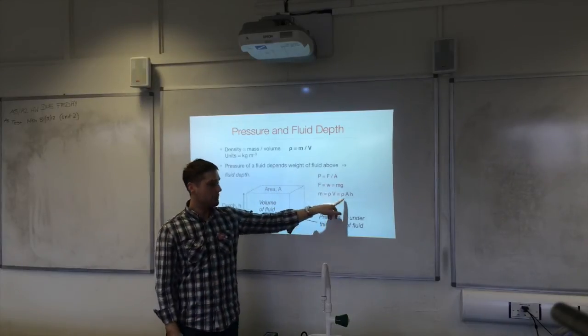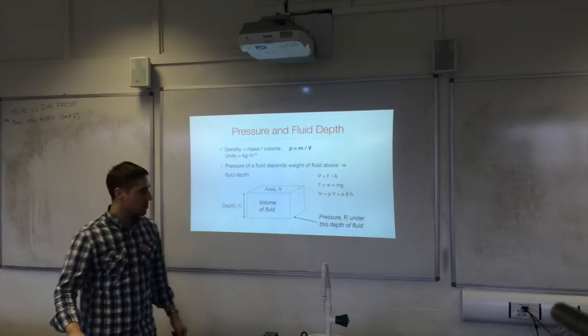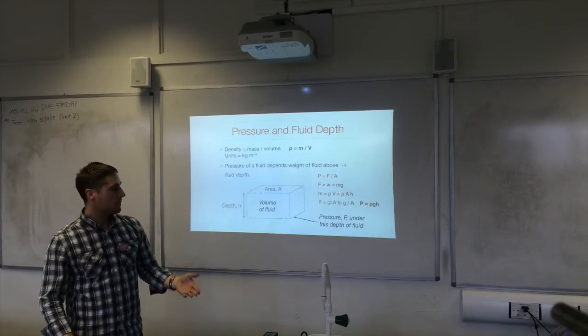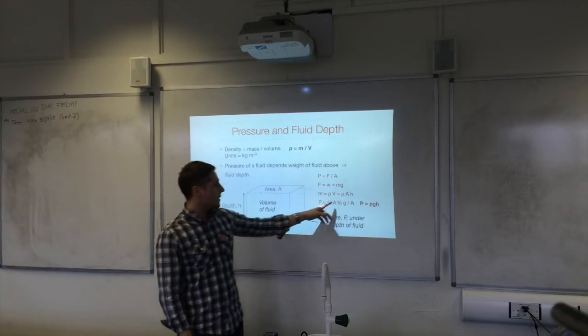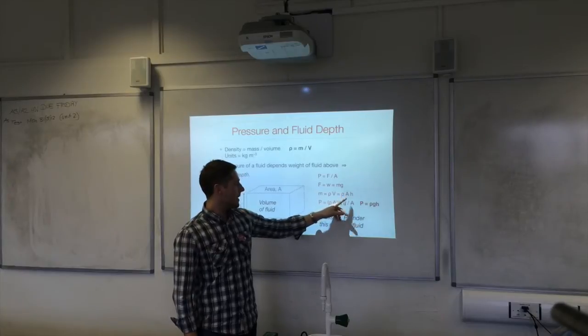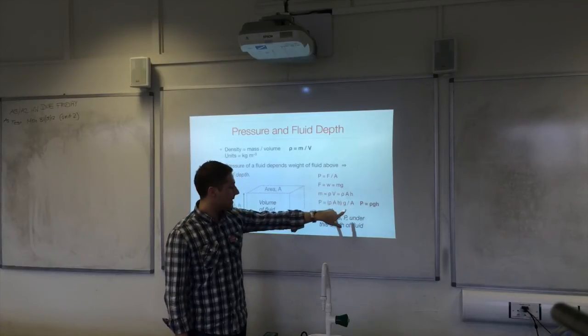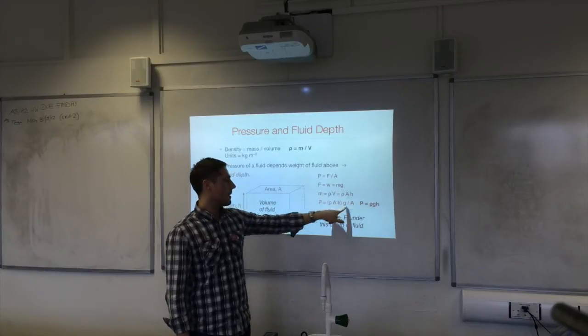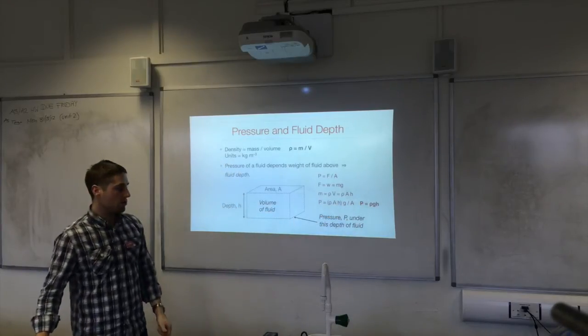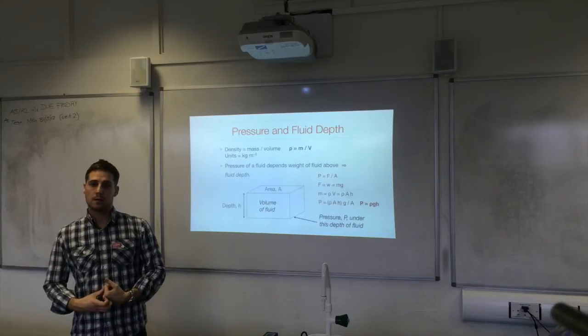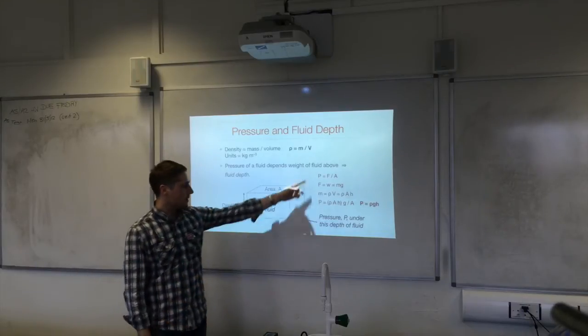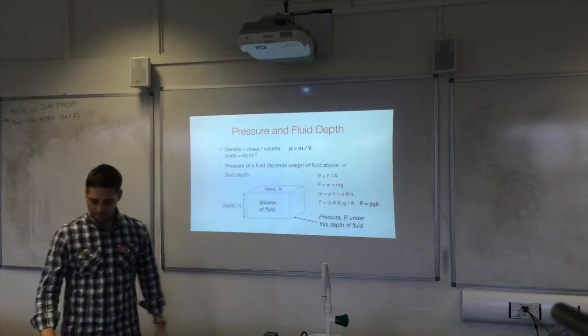So therefore m equals rho A h. Pressure is equal to this term multiplied by g divided by A. So the A's cancel out there, leaving us with P equals rho g h. Alright, that's the derivation of that equation.